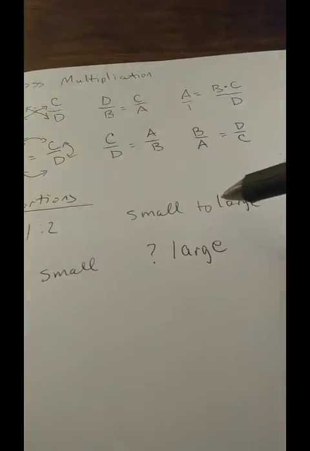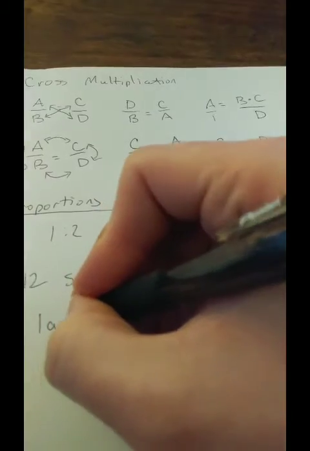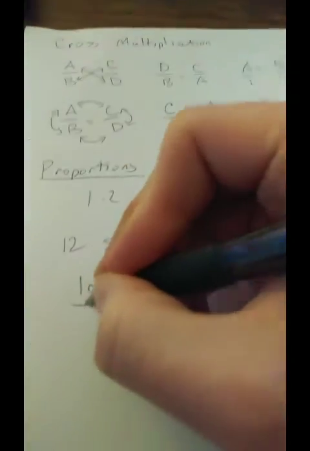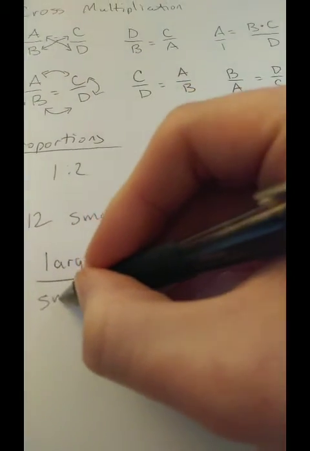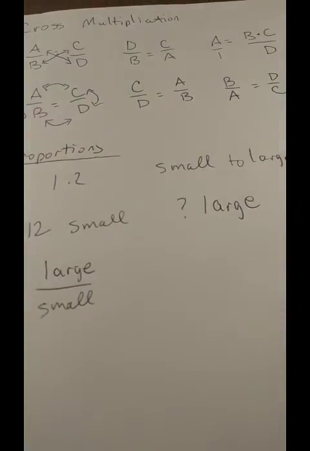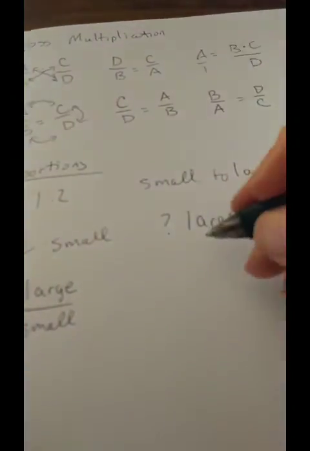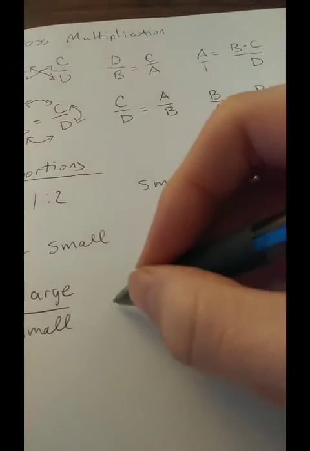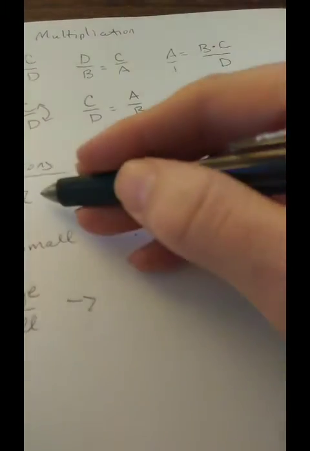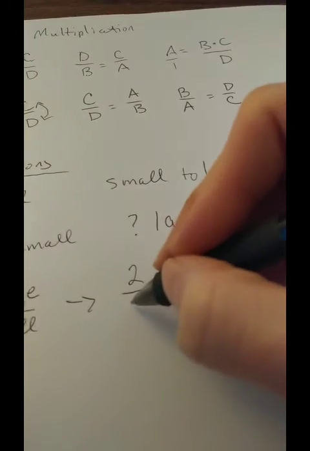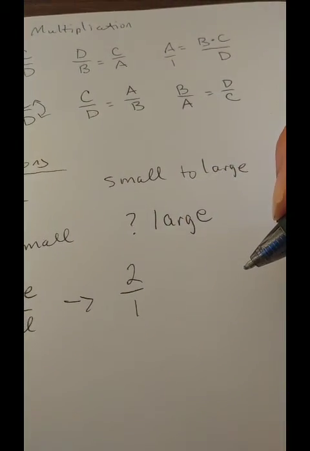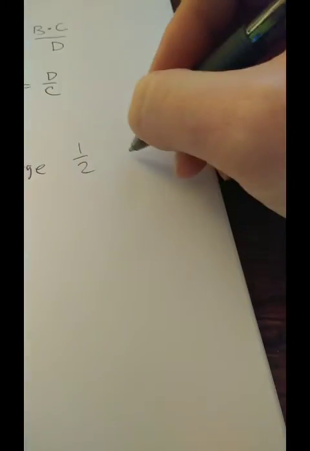So I'm going to use a ratio of large to small, even though it's given as small to large. Then the ratio here would actually be 2:1, written like that. Small to large would be 1:2, large to small would be 2:1.